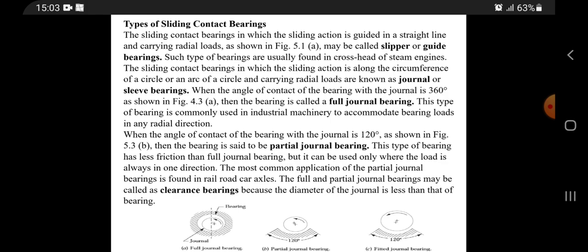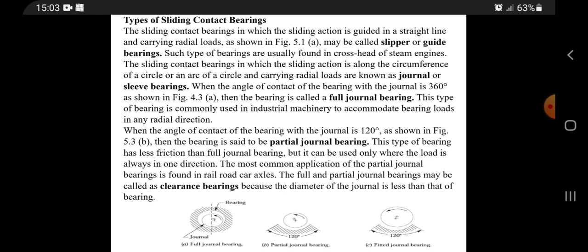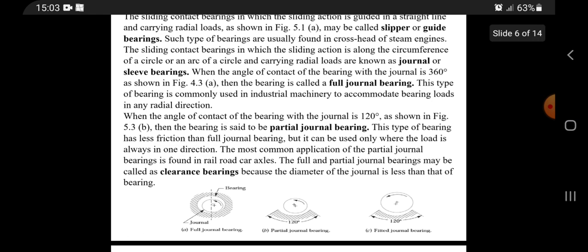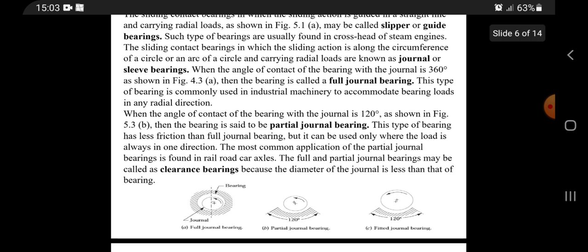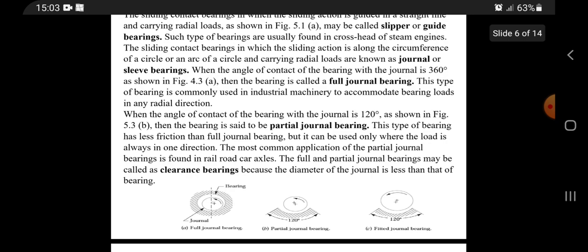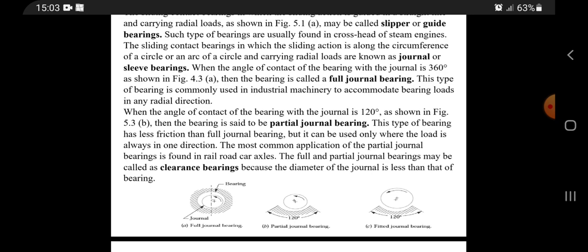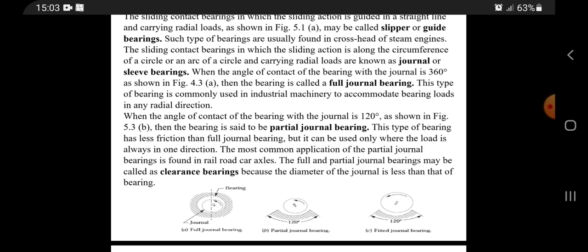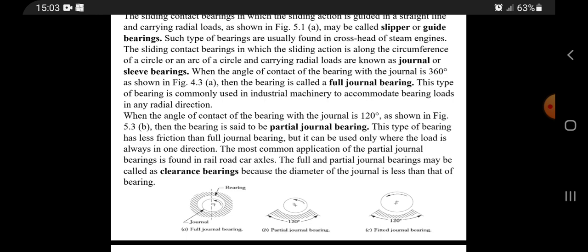The sliding contact bearing in which the sliding action is along the circumference of a circle or an arc of a circle and carrying radial loads is known as a journal or sleeve bearing. When the angle of contact of the bearing with the journal is 360 degrees, the bearing is called a full journal bearing. This type is commonly used in industrial machinery to automotive bearings loaded in the radial direction.